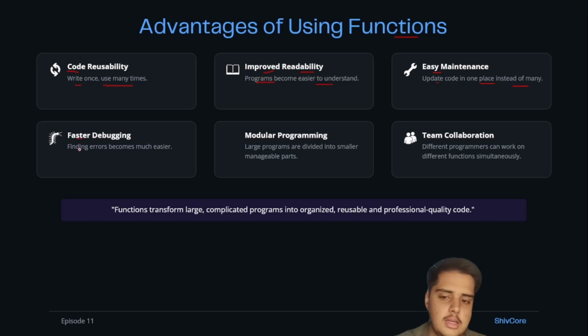Faster debugging, because finding errors becomes much easier. Modular programming, where large programs are divided into smaller manageable parts. And team collaboration, which means different programmers can work on different functions simultaneously. So functions transform large, complicated programs into organized, reusable and professional quality code.